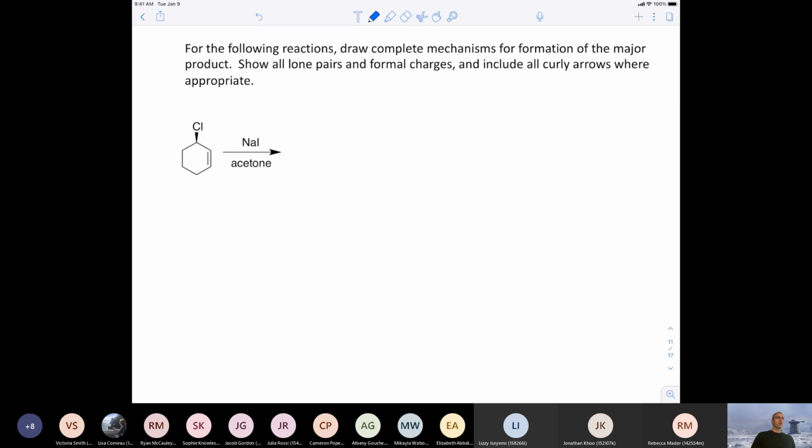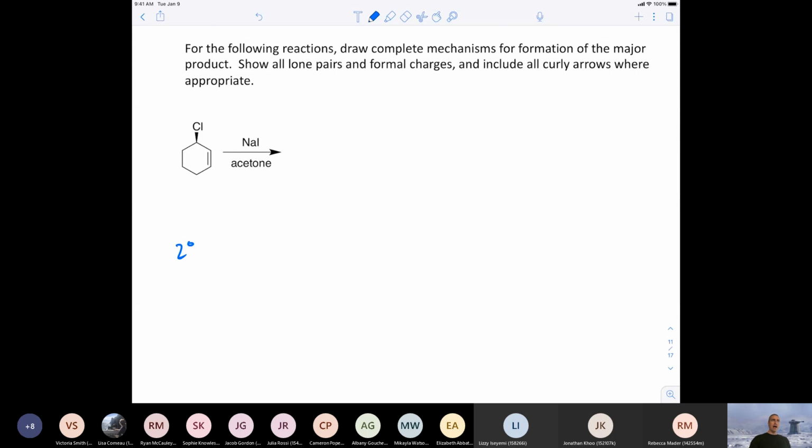Here's one: primary, secondary, tertiary. What do you think? You're not stumped on this one. Secondary, good.